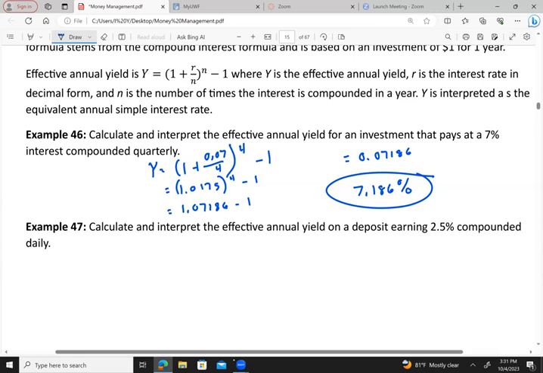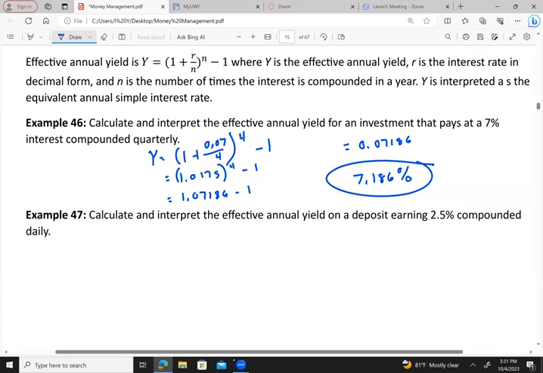Calculate and interpret the effective annual yield on a deposit earning 2.5% compounded daily. So Y equals (1 plus 0.025 over 365) to the 365th power minus 1. 0.025 divided by 365.